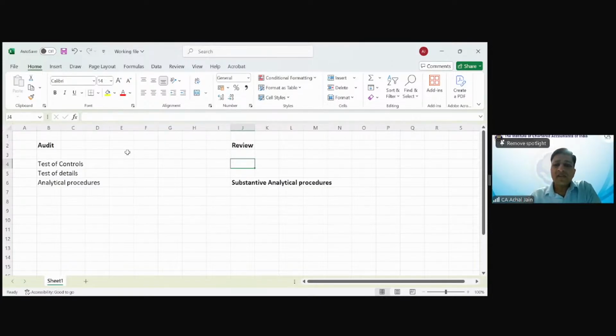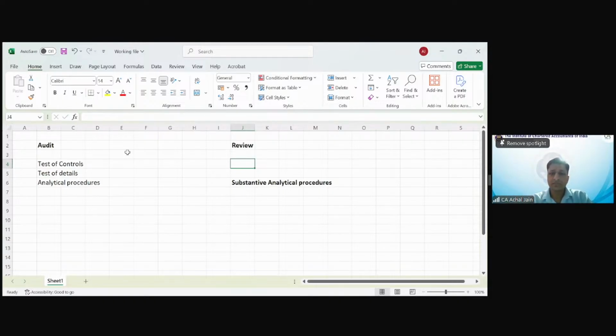What do you have in case of substantive analytical procedures? What do you do over there? Any thoughts? Quickly. Tell me quickly. What is the understanding that you have? Anyone?